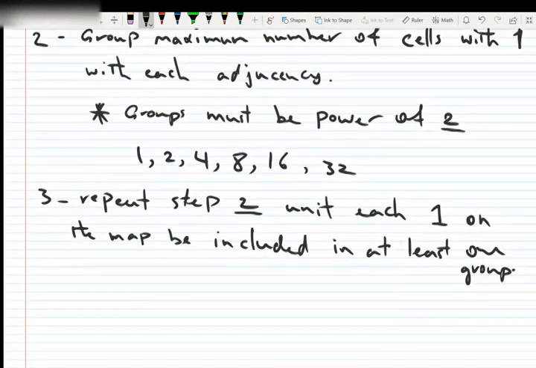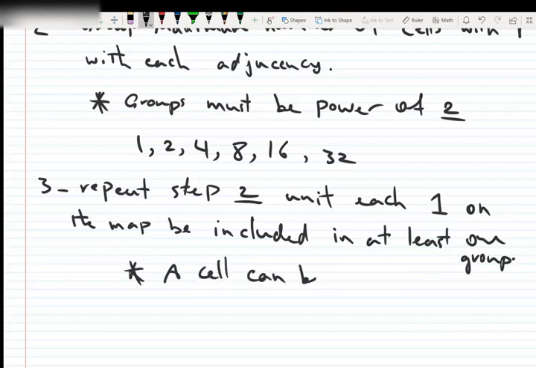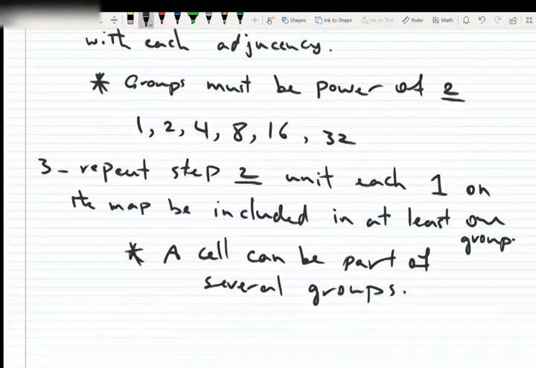Here it is very important that a cell can be part of several groups, but at least one.